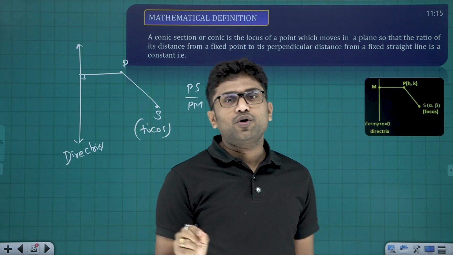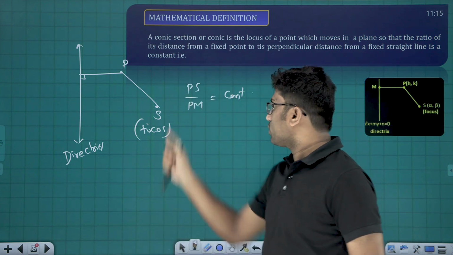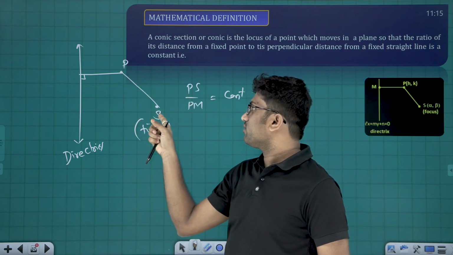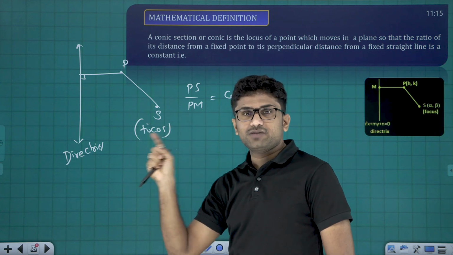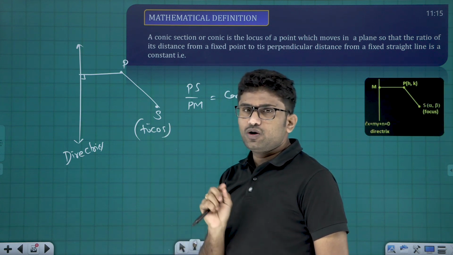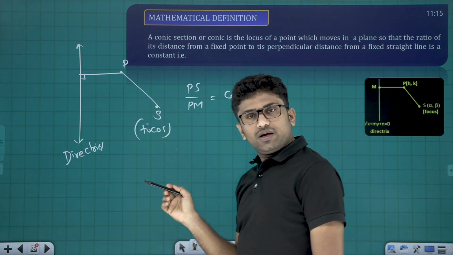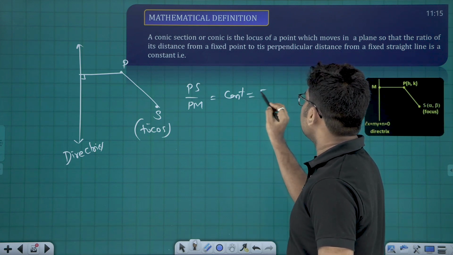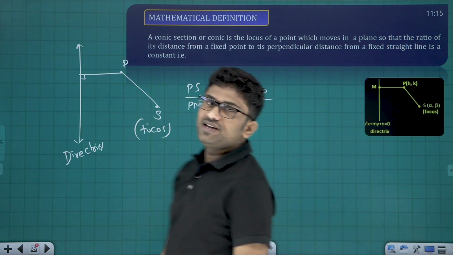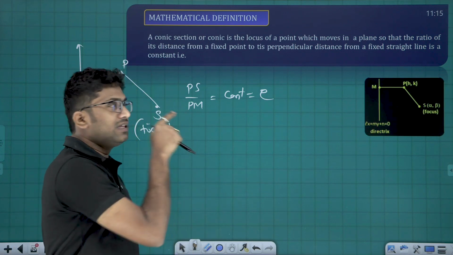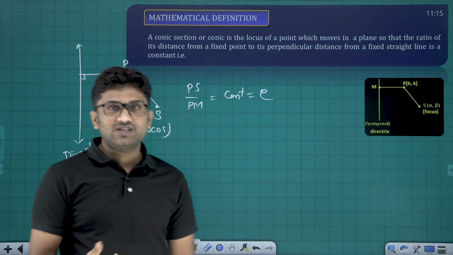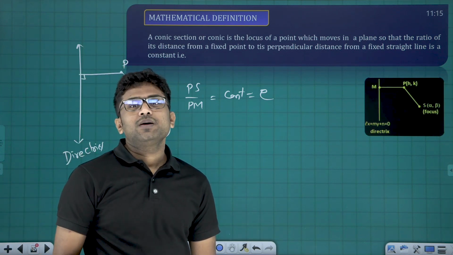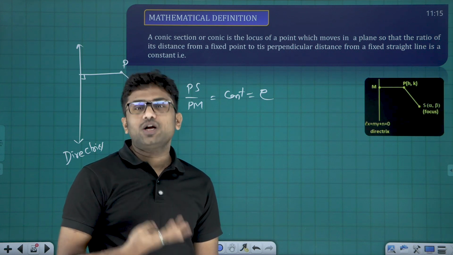So the locus of a point P which is moving in the plane such that the ratio of its distances from a fixed point to a fixed line, that is PS by PM, is always constant, then the locus of P is a conic section. Now this constant is called eccentricity, friends. Based on this eccentricity, the locus of P might be a parabola, an ellipse or a hyperbola.